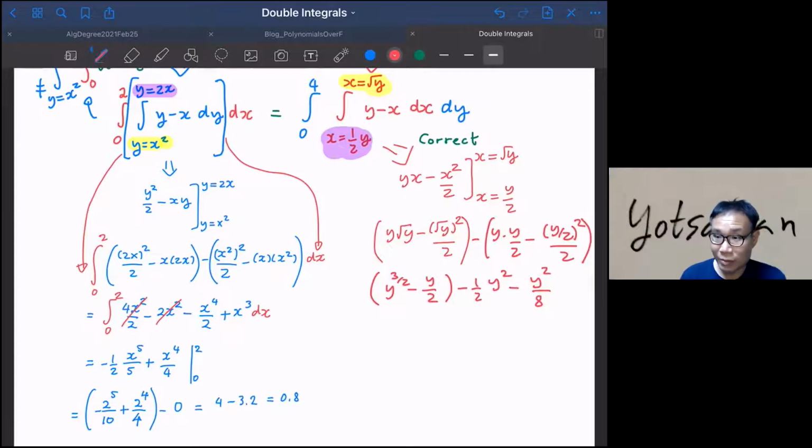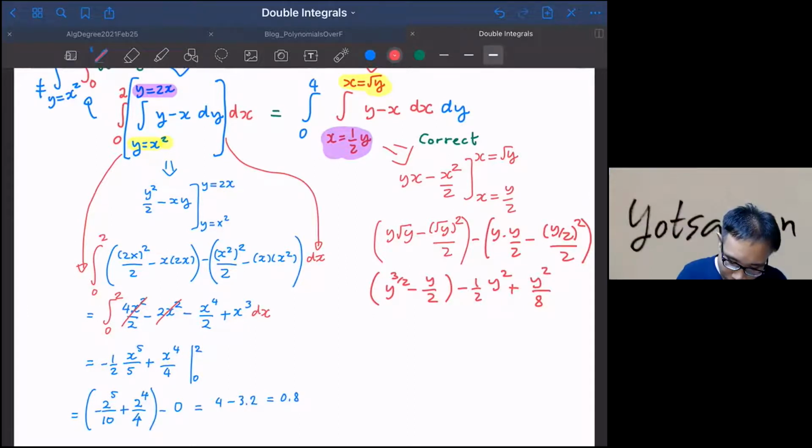Okay, so it's a little bit messy. You would just integrate this. You may combine these two together first before you continue.